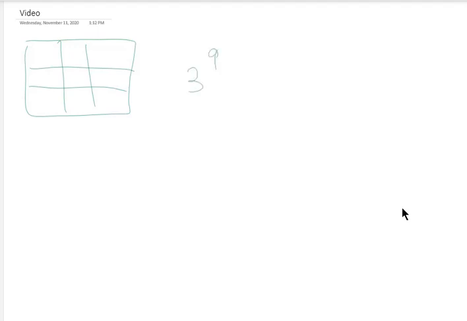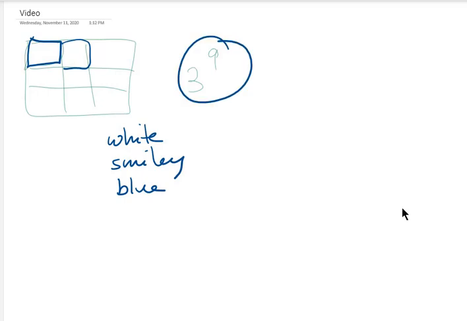Because every single square has 3 different possibilities: that square could be white, it could have a smiley in it, or it could be colored in blue. And there are 9 of these, so you end up with 3 to the 9th.